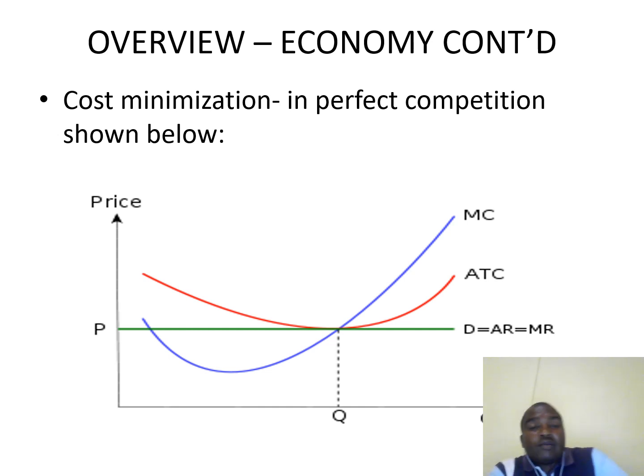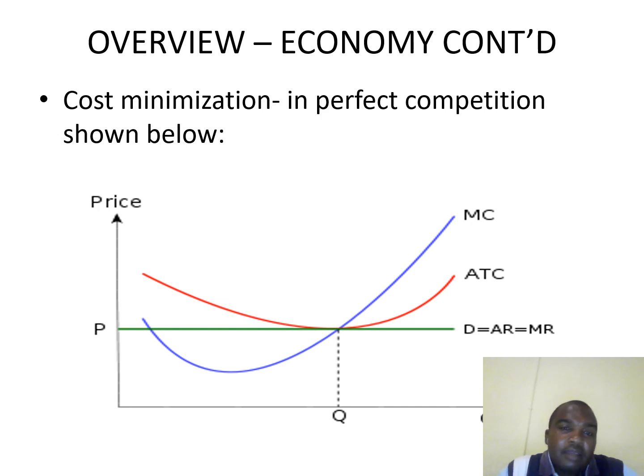And then the second condition for productive efficiency is cost minimization. Having attained the lowest possible ATC, the firm must move on, experimenting with different cost and output combinations, or average cost and output combinations.